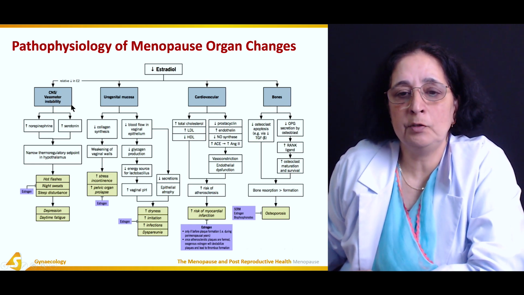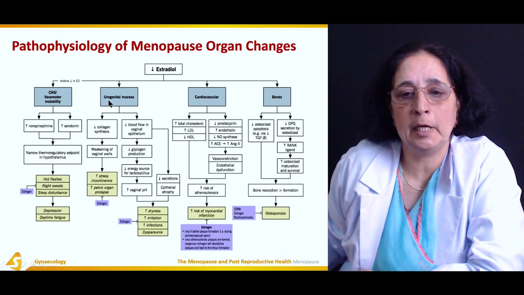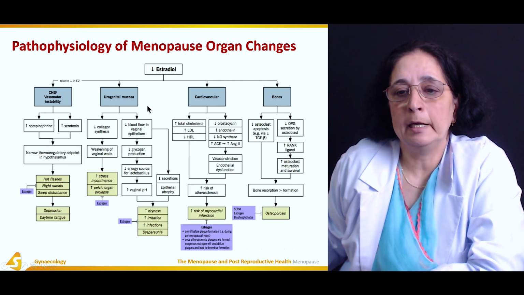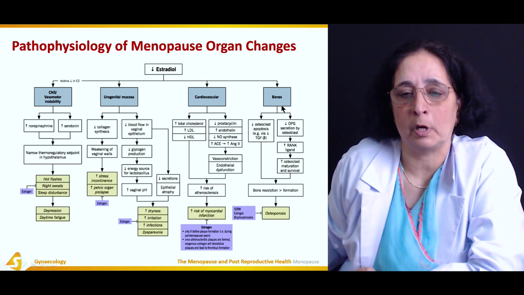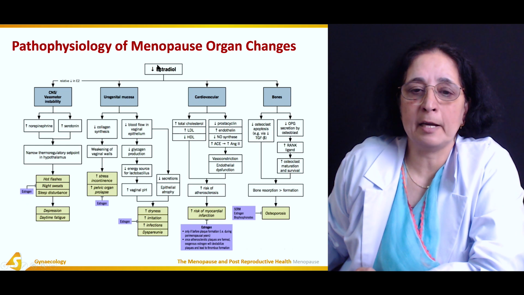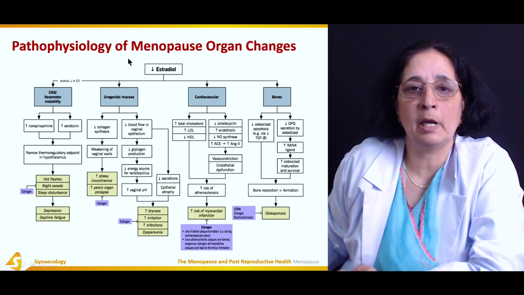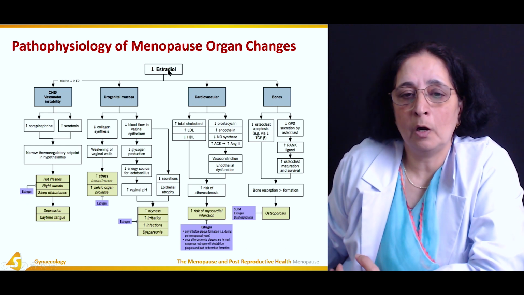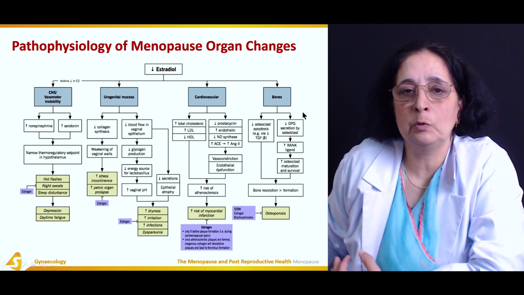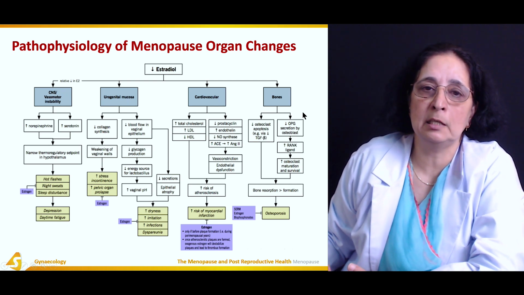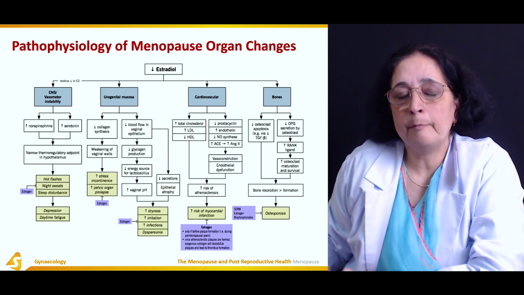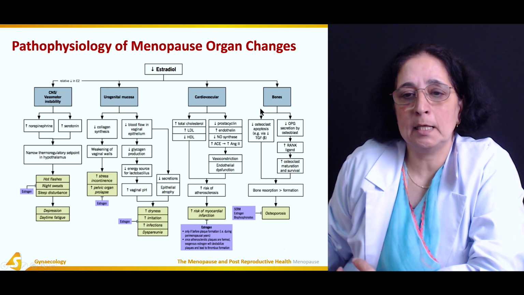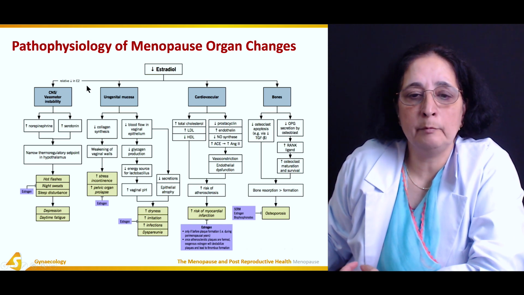It also leads to changes in the urogenital mucosa, and in the heart and the bone. This common effect of decreased estrogen on these structures leads to significant changes in these organs and to different abnormalities and diseases in the female after menopause.